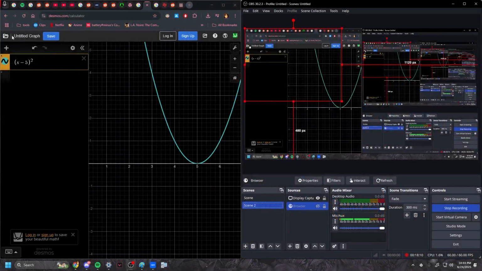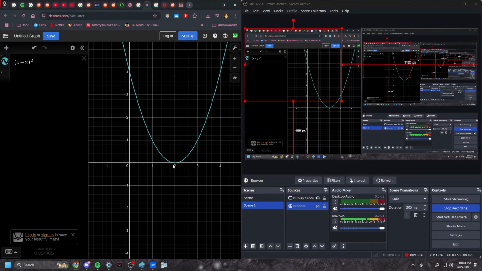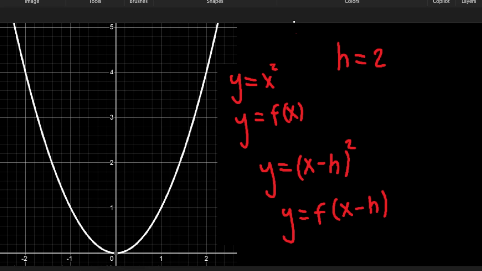It will actually shift right by 2 because h is positive. Even though the graph says -2, this negative is not h's value. It's just 2. Now what if h was equal to -2?